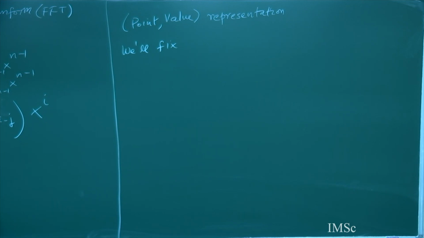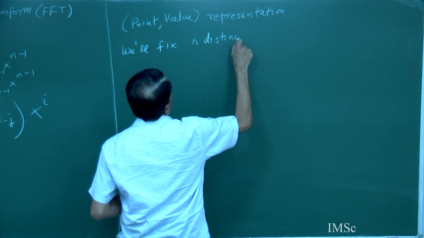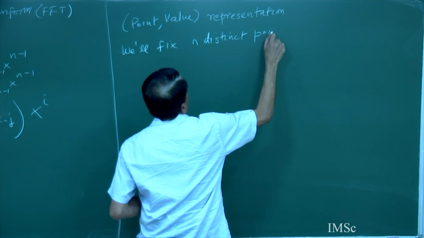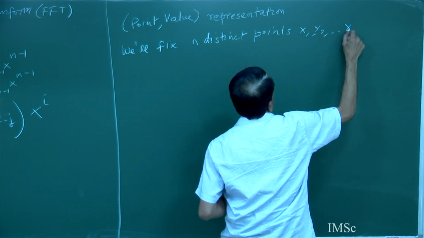There are n unknown coefficients, so you will have a set of n linear equations. You solve them, you will get the coefficients. So if I know n distinct, so we'll fix some n distinct points, let's say x1, x2, ..., xn.